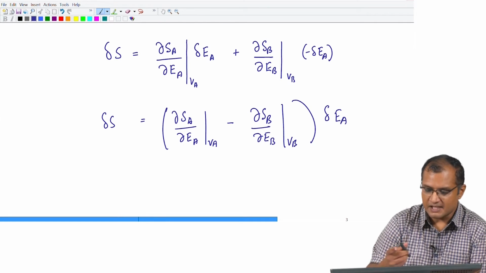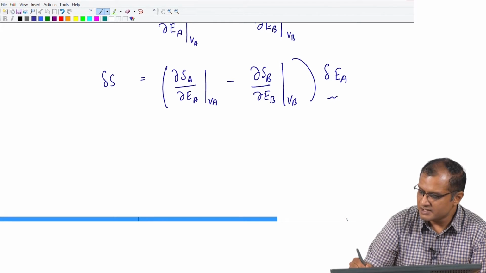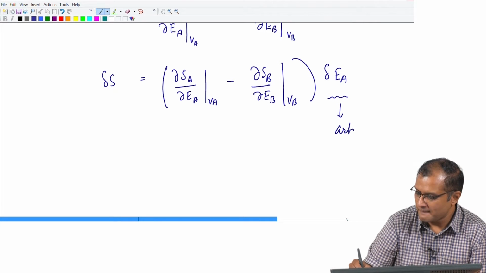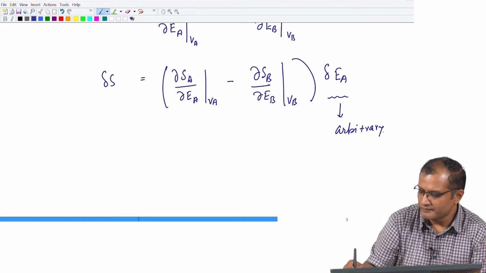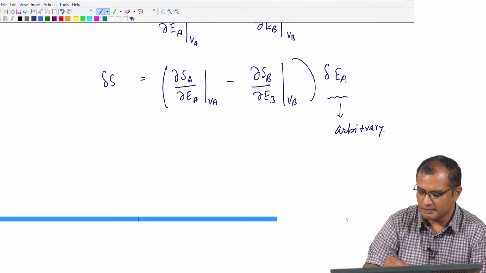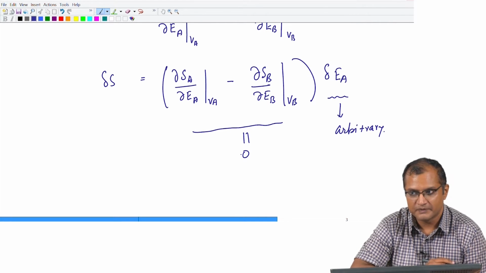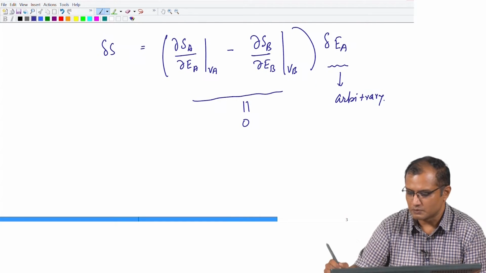And if that is the case, then for any arbitrary energy change, to make delta S 0, I must demand that my prefactor here is 0. Only then my delta S will be 0.